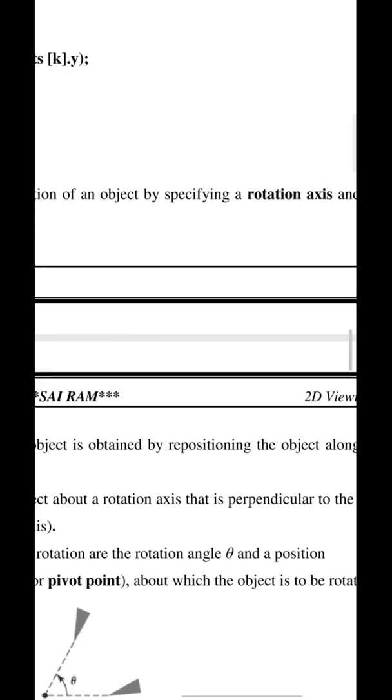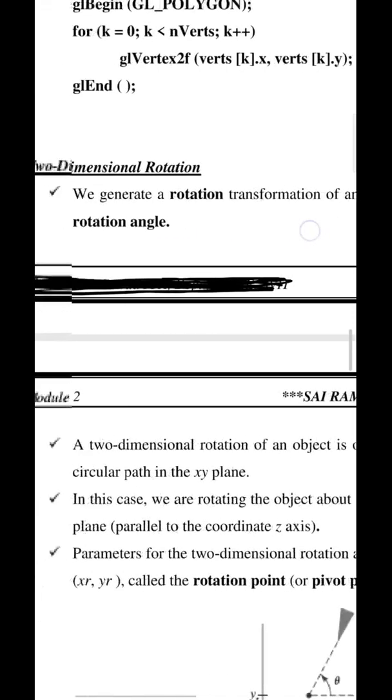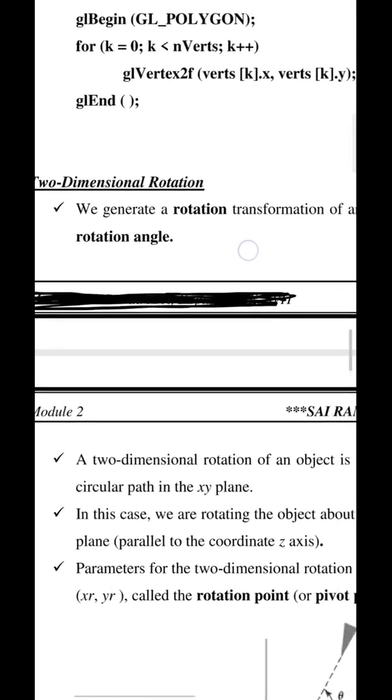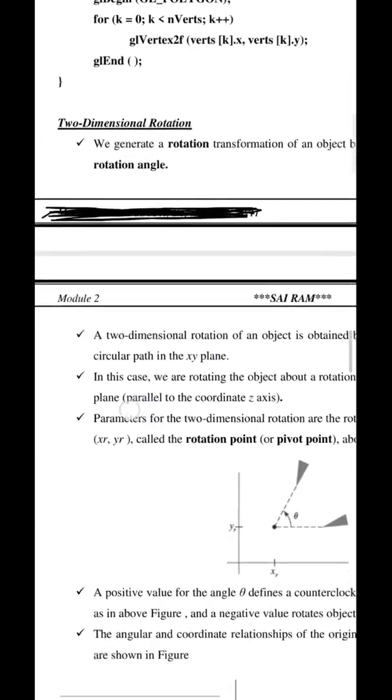In case of 3D model, recall our lab experiment number 3 and 4. We have taken 3 different axes of rotation, x, y as well as z, isn't it? So axis of rotation must be specified along with the angular displacement value, or rotation angle, okay?